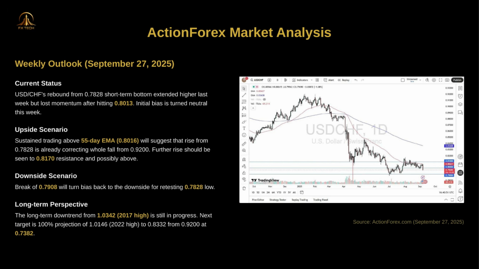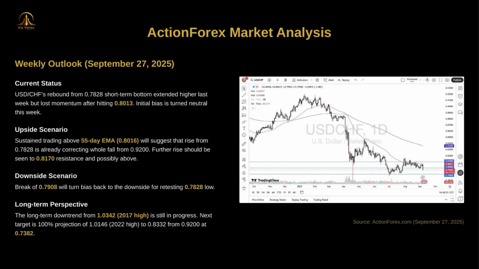ActionForex's weekly outlook from September 27th provides valuable insights into USD CHF's technical structure. The analysis notes that the pair's rebound from the 0.782 short-term bottom extended higher last week, but lost momentum after hitting 0.8013, turning the initial buyers neutral.